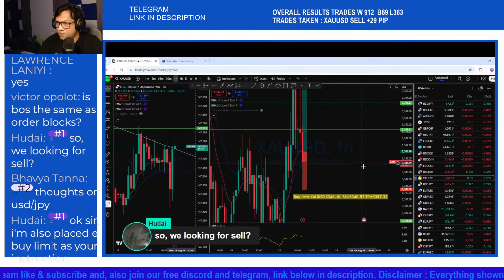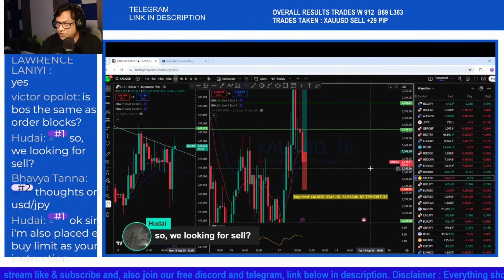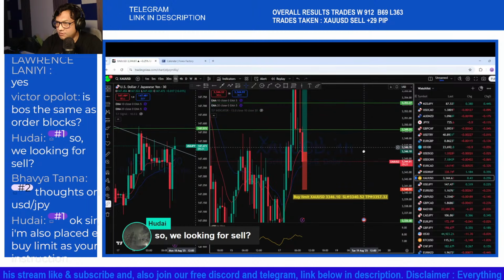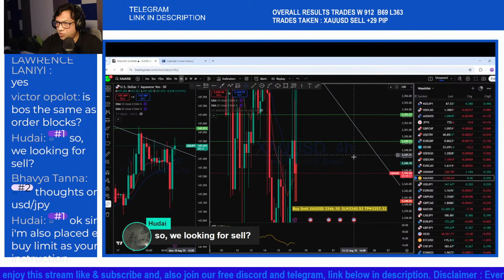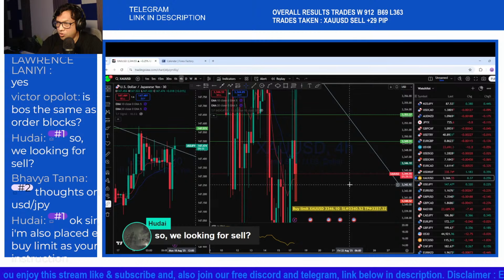Looking at the 1 hour, it might test the 1 hour 20 EMA, and that's where the 4-hour chart crossed that low.